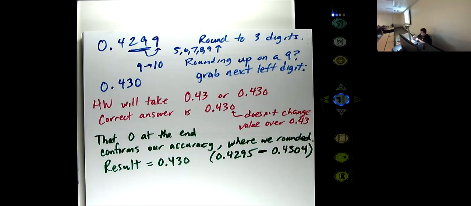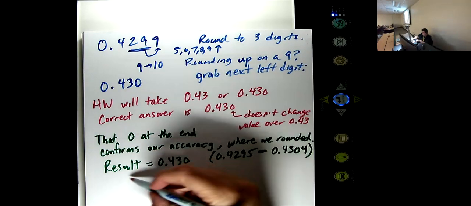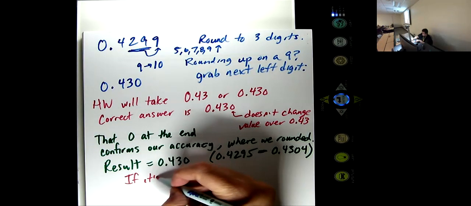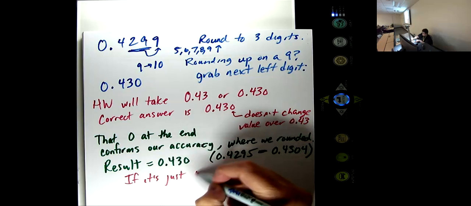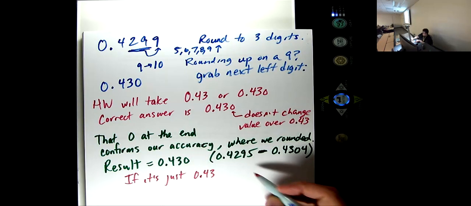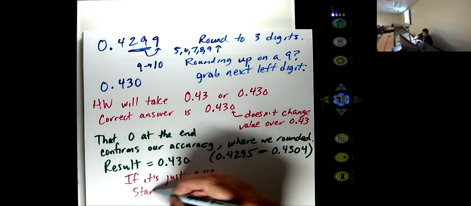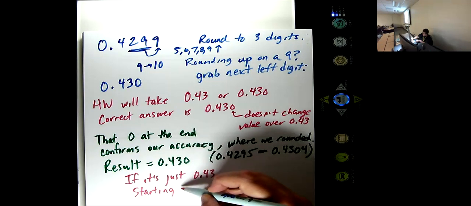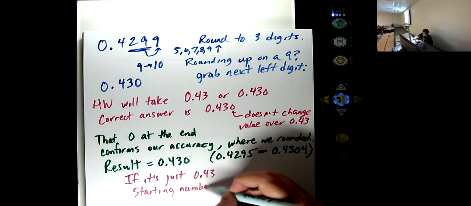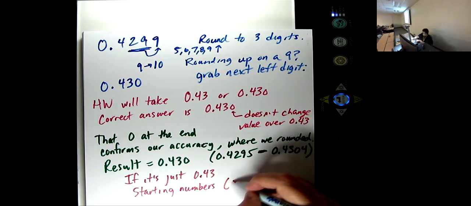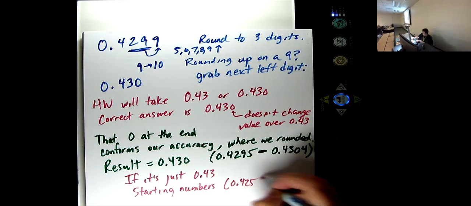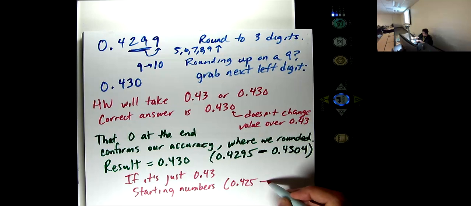If we just have the 0.43, then starting numbers could have been, well, it could have been 0.425 all the way up to 0.434.